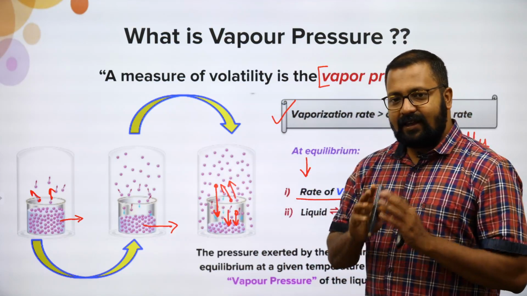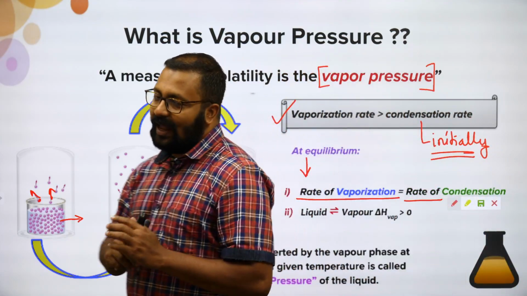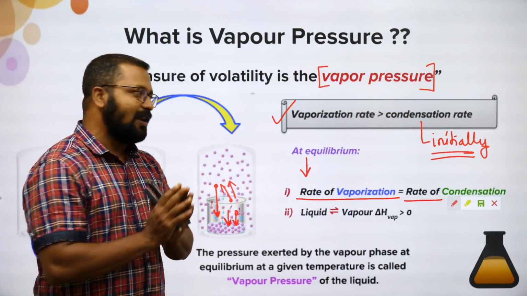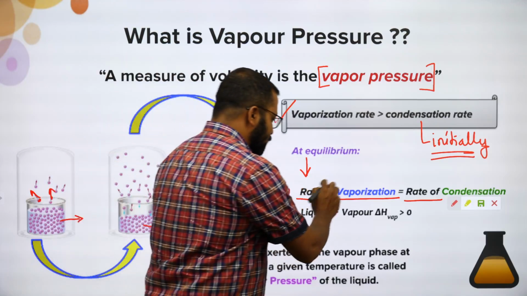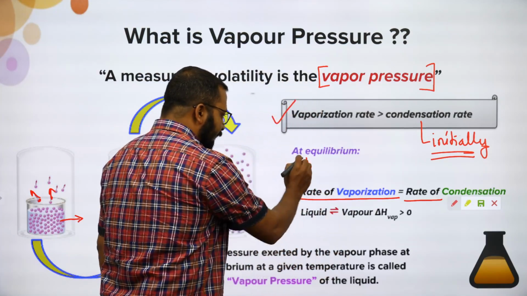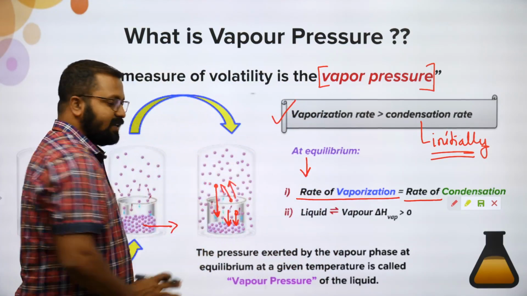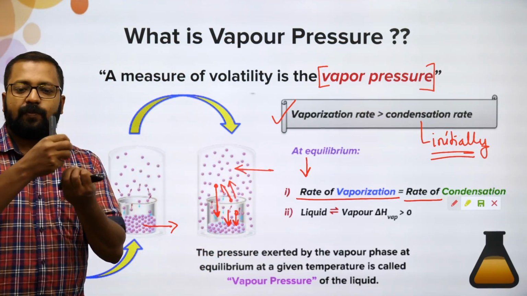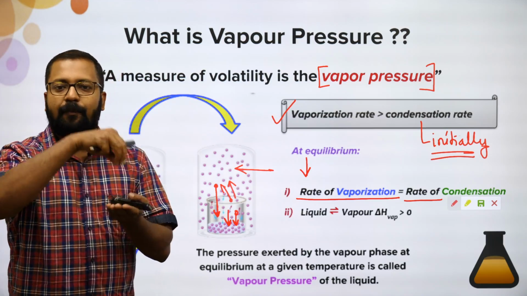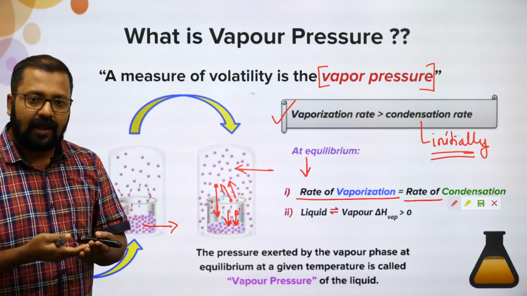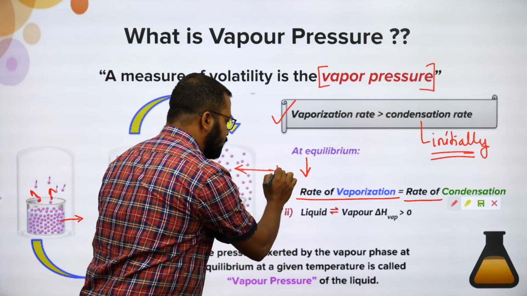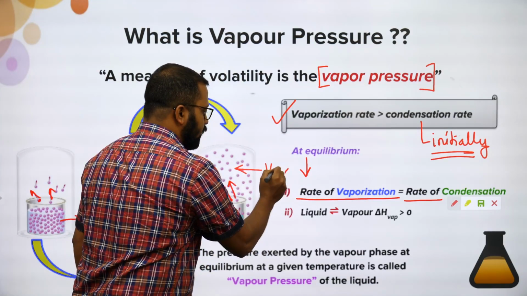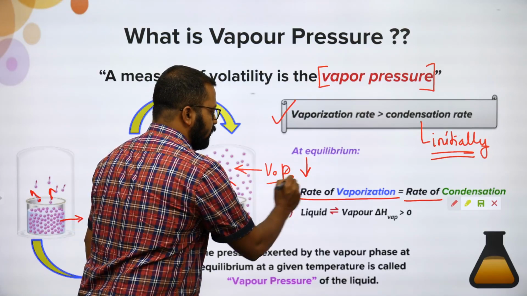So at equilibrium, the vaporization rate and the condensation rate become equal. In that state, the vapors that have formed impart some pressure on the surface of the liquid, and this pressure is known as vapor pressure.